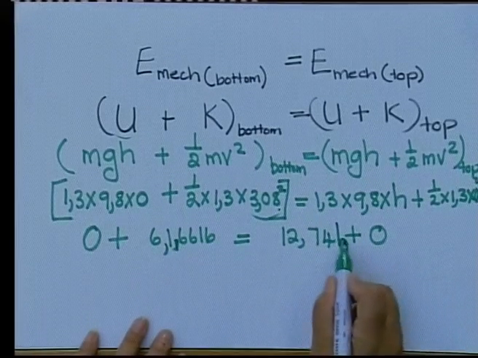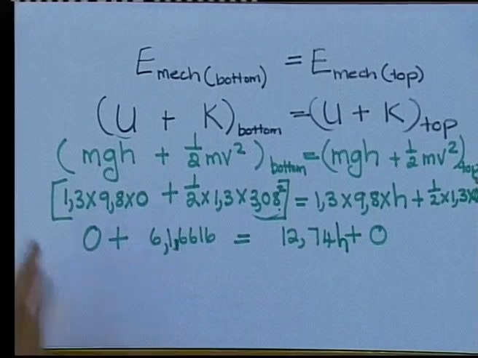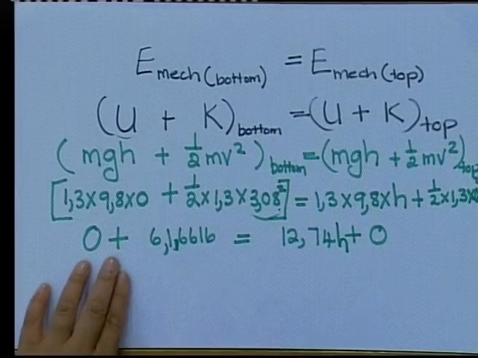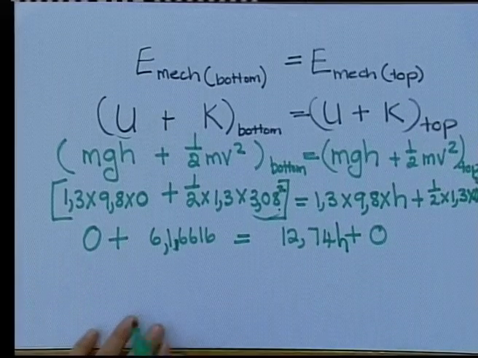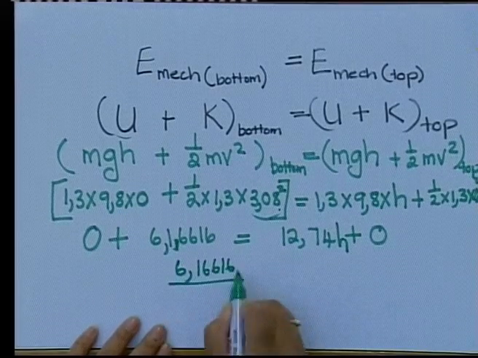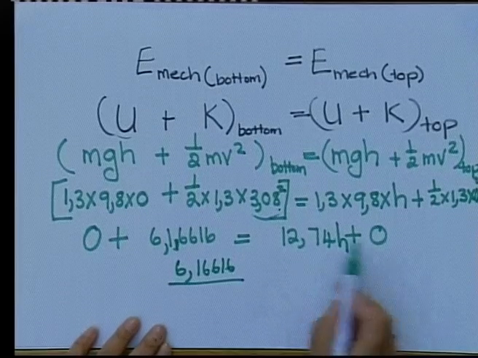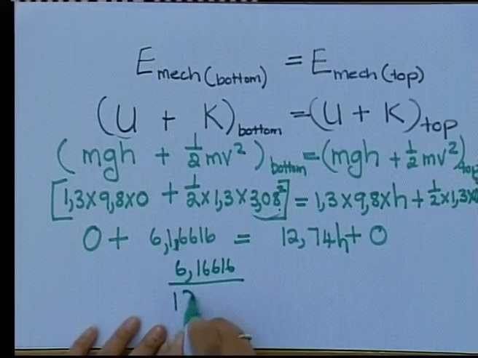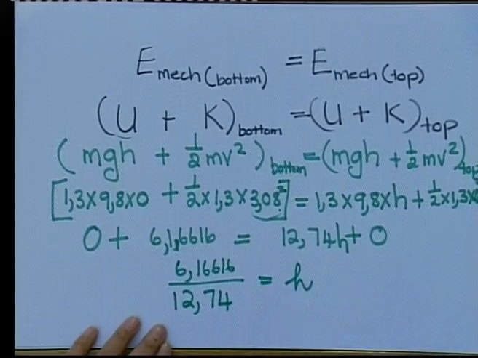So to get rid of the 12,74, remember naught plus anything stays 6,166. We're going to divide both sides by 12,74. So we've got 6,16616. I'm not rounding off, just to make sure that my answer is more accurate. Divide both sides by 12,74, and that will be equal to h.